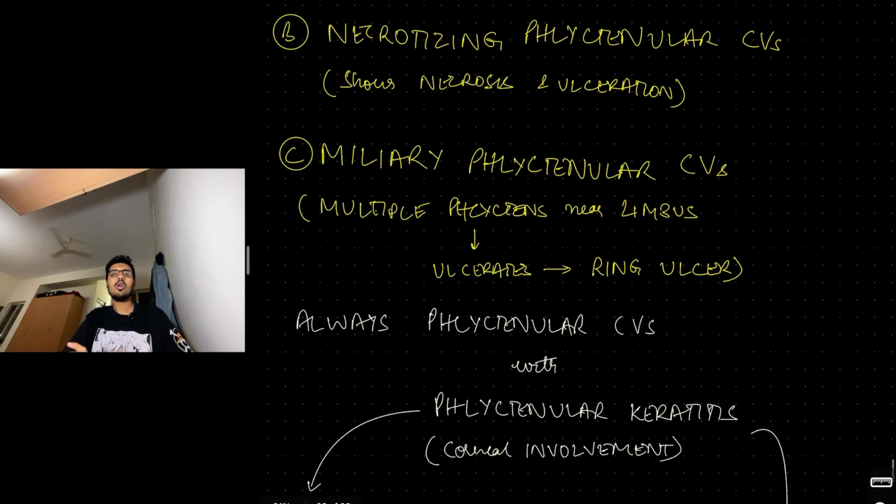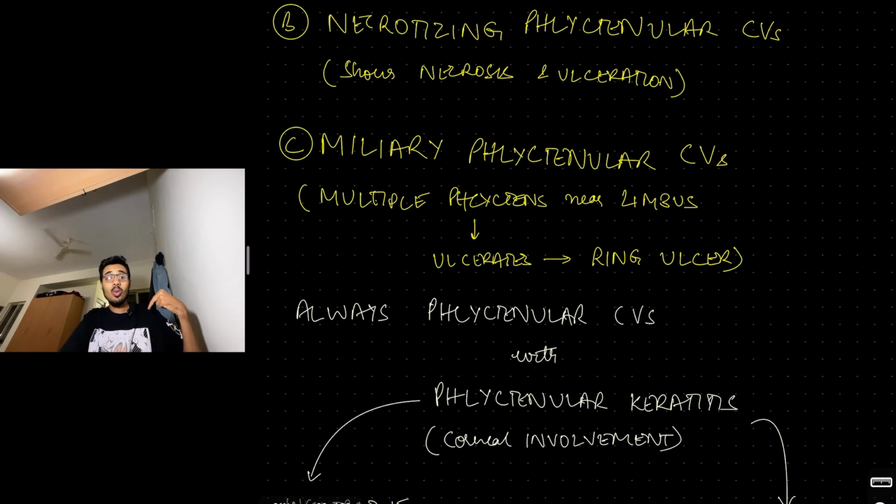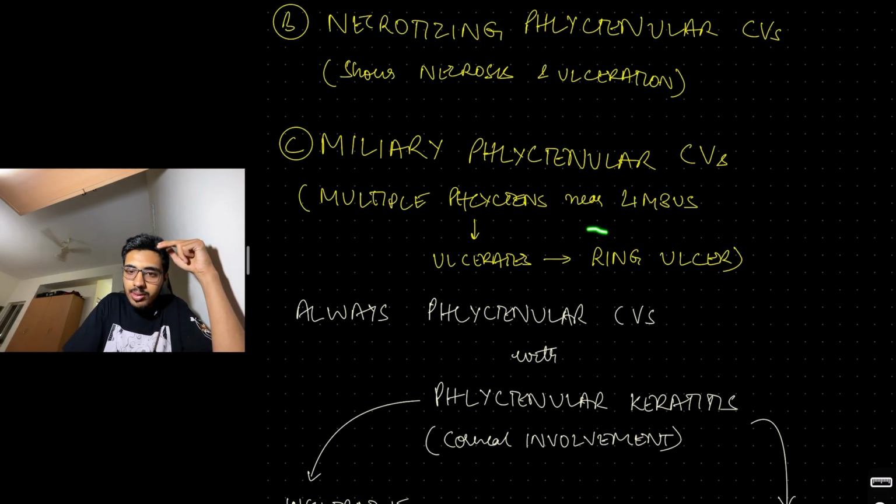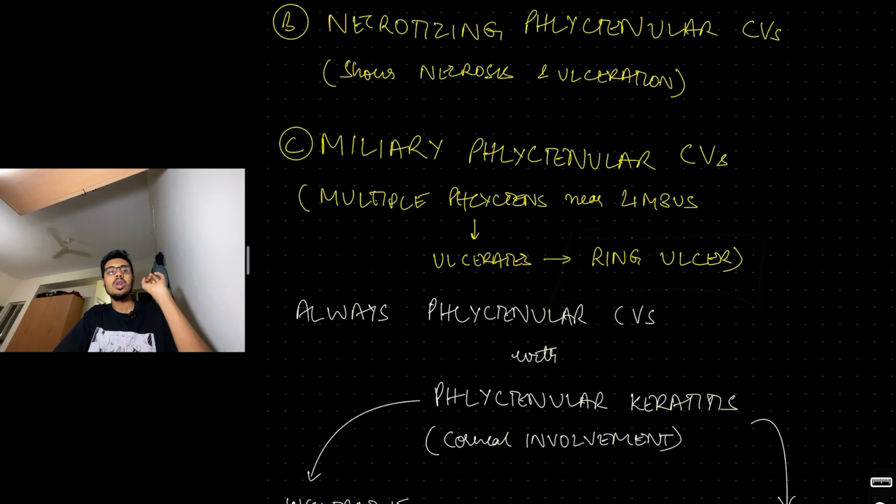Next, coming to necrotizing phlectenular conjunctivitis. Once this phlectin goes into necrosis and ulceration, it is necrotizing phlectenular conjunctivitis. Let's say the patient has many phlectins, multiple around the limbus, 1, 2, 3, 4, 5. So it starts forming a ring, and this ring of phlectins, if it ulcerates, leads to a ring ulcer. So what are the three types?